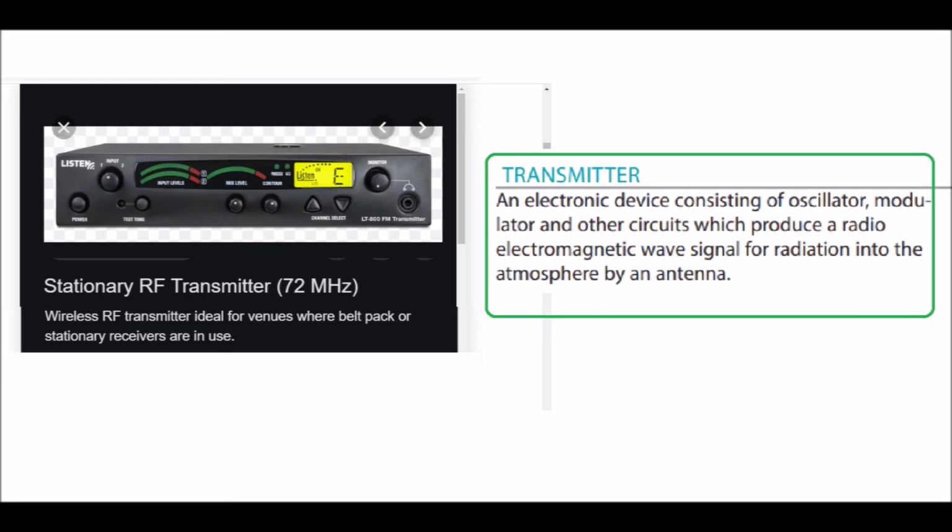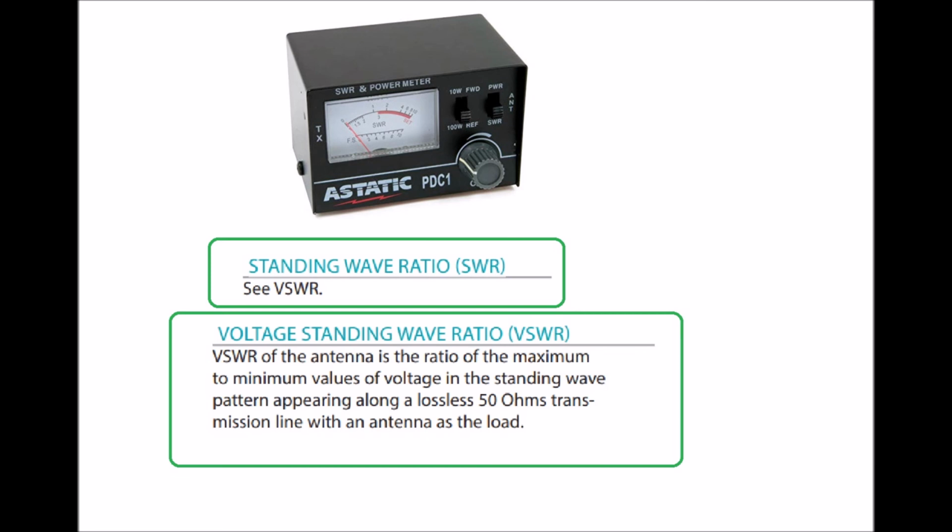Transmitter. An electronic device consisting of oscillator, modulator, and other circuits which produce a radio electromagnetic wave signal for radiation into the atmosphere by an antenna. Voltage standing wave ratio, VSWR.